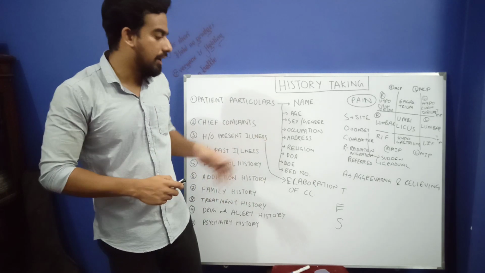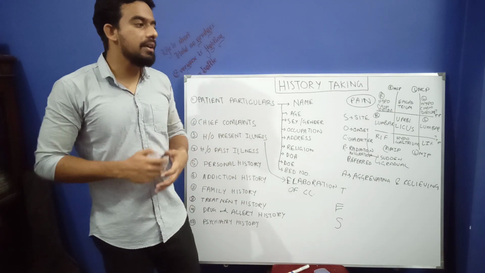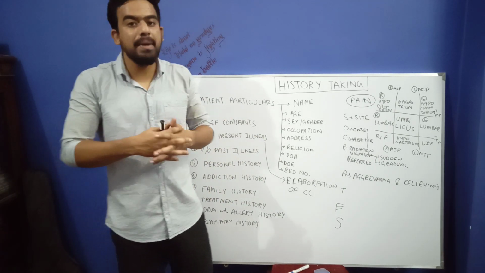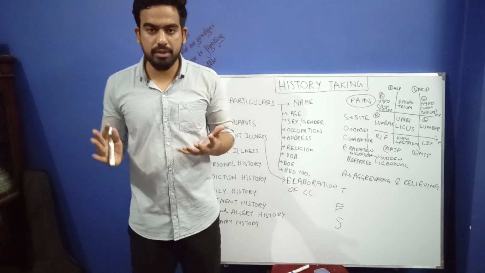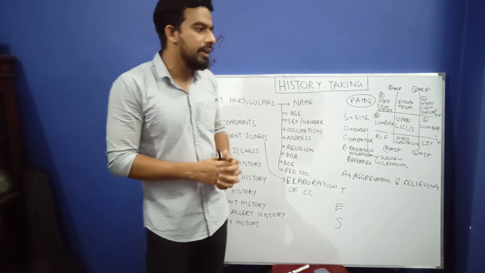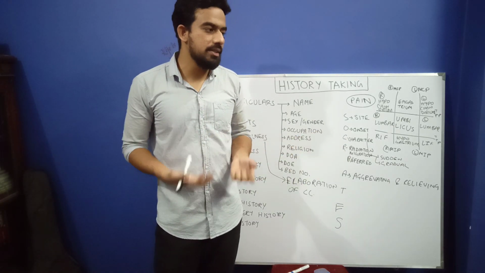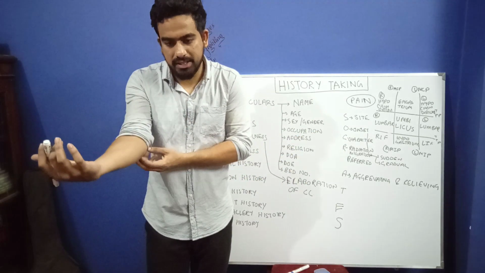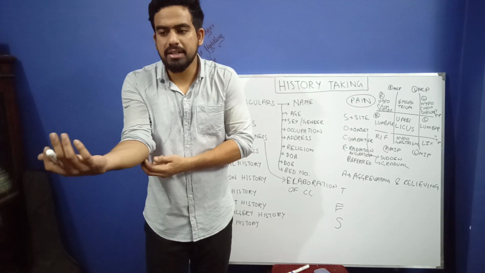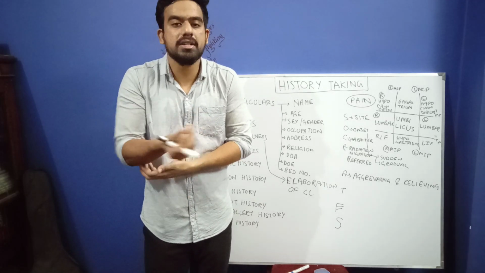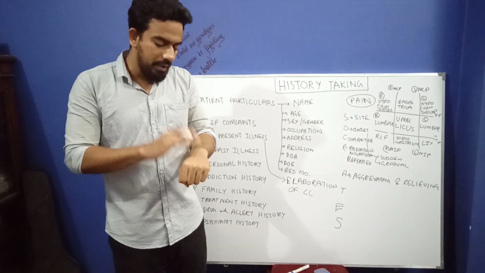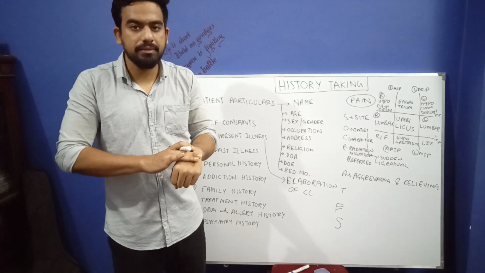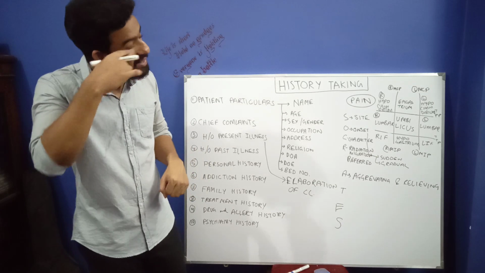So how will you ask the patient? You'll ask the patient if on doing anything his pain is increasing, or if on doing anything his pain is getting reduced. For example, in stomach ulcers, gastric ulcers. What is an ulcer? An ulcer is like when skin gets scraped, and when you touch that place you get hurt, like that only.